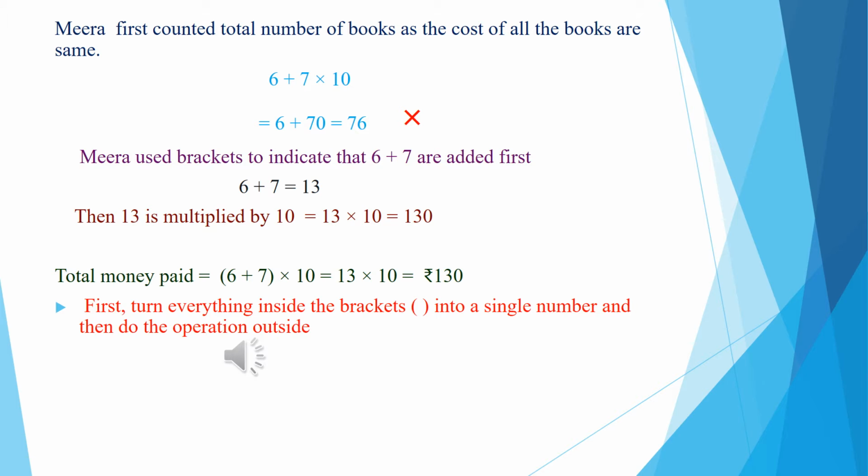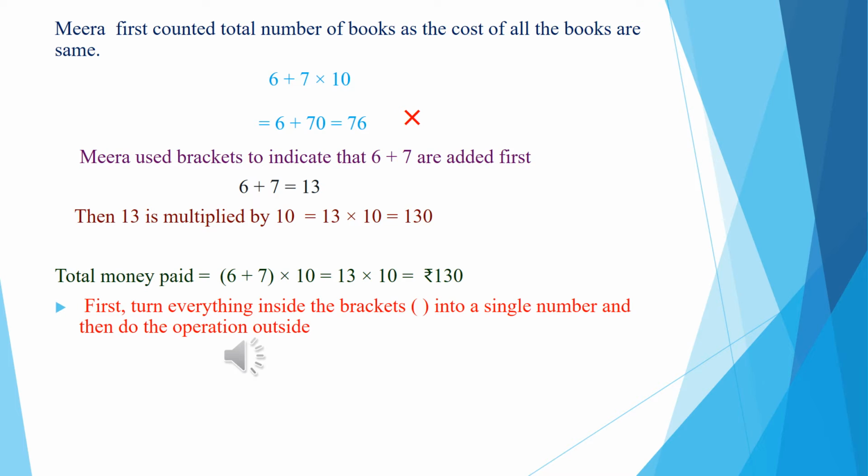How did Meera get 130? Meera used the brackets to indicate that 6 plus 7 are added first. That is, she has taken 6 plus 7 in one pack. So, when we put a bracket, it is understood that first we have to calculate the numbers which are in the bracket.